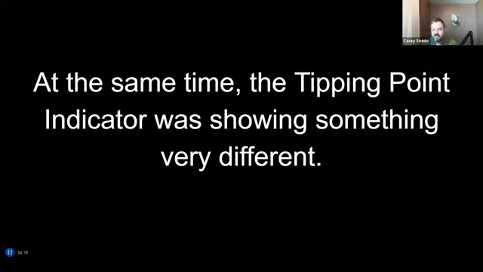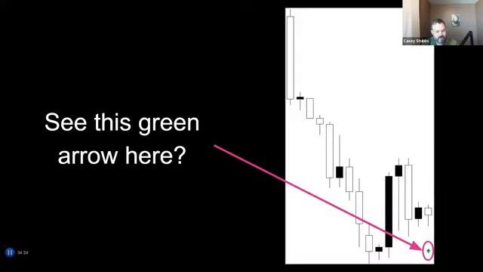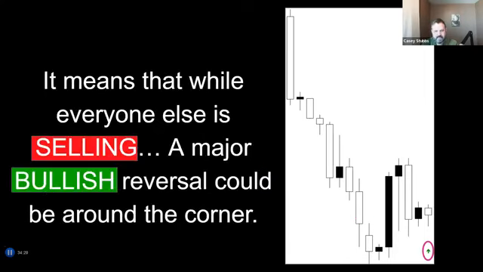At the same time, the tipping point indicator was showing something very different. You see this green arrow here? It means that while everyone else is selling, a major bullish reversal could be around the corner. Everybody was selling, but the tipping point indicator was giving us a clue.